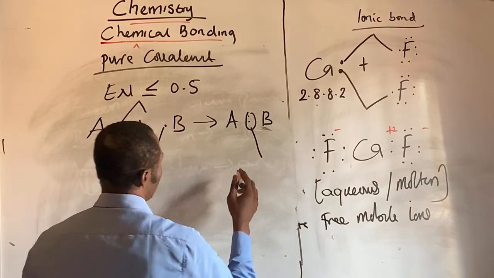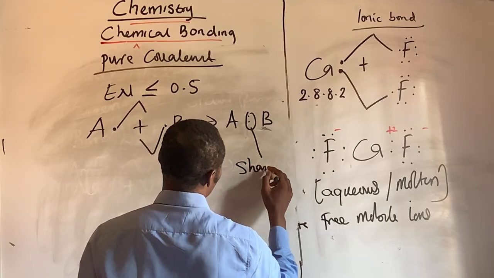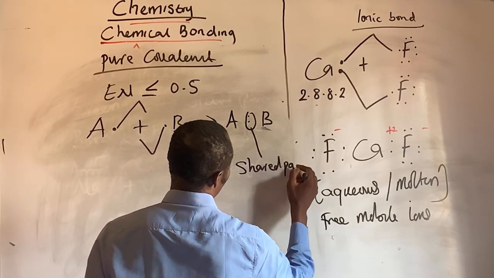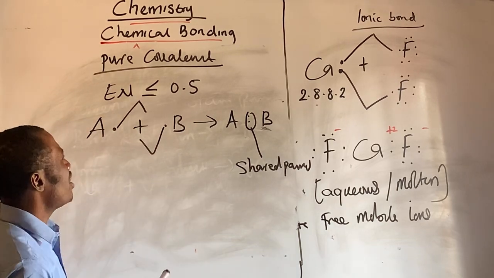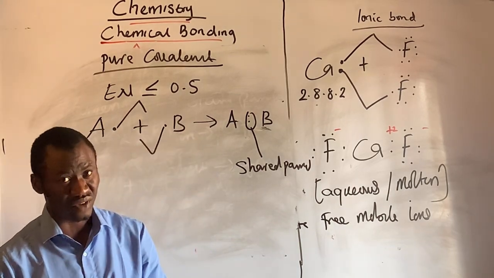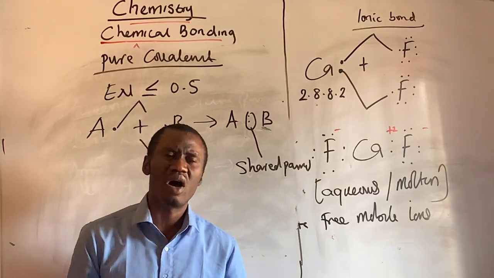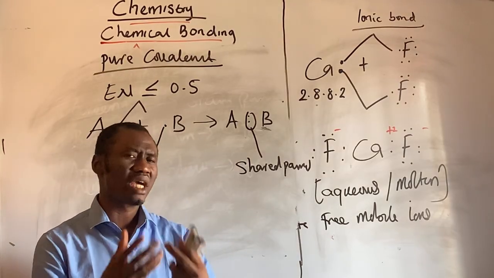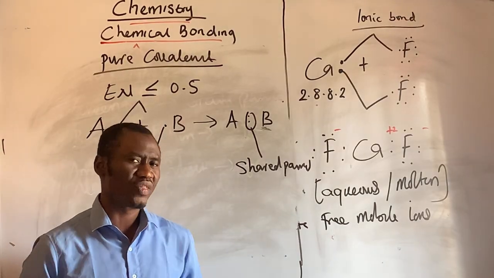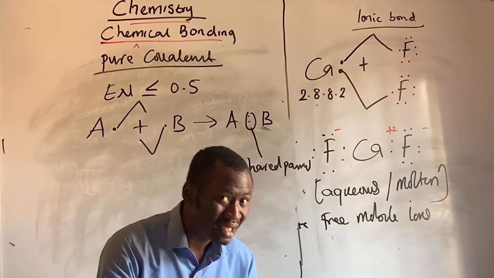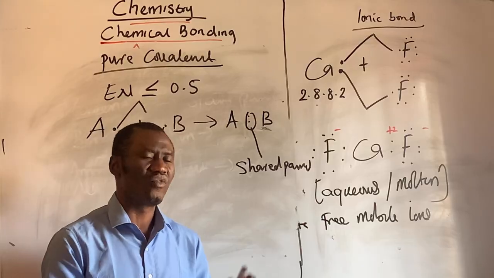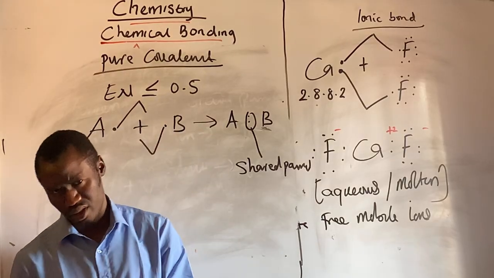Over here, it is the shared paired electron. Now, remember the definition. It involves the equal sharing of electrons between atoms of elements in order to mimic the stable state of the octet or the duet.